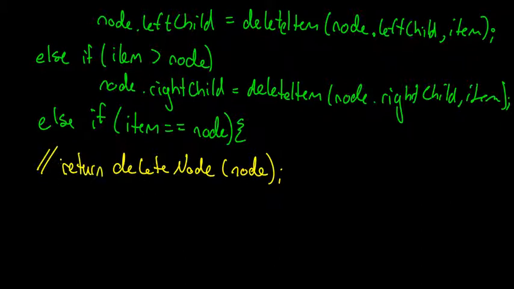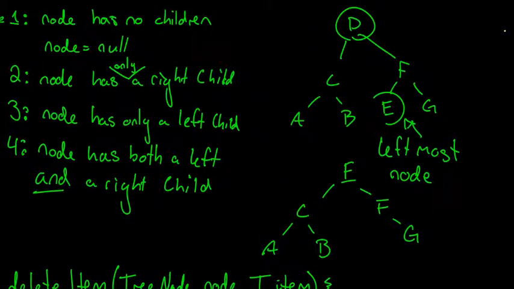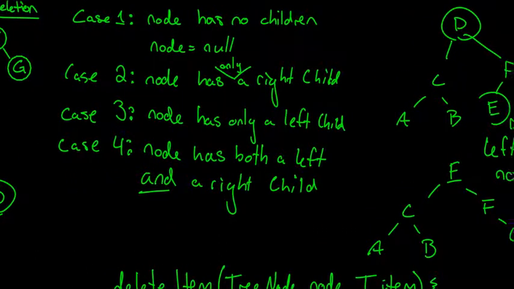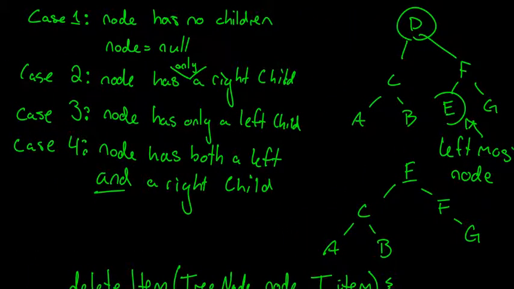So you could make a helper method that deletes a node instead of an item, and in that helper method you could then make sure that you accommodate all of the different cases. But right now we're just going to put the code inside of the delete method and not bother making a helper method. So, okay, let's go through our cases then.